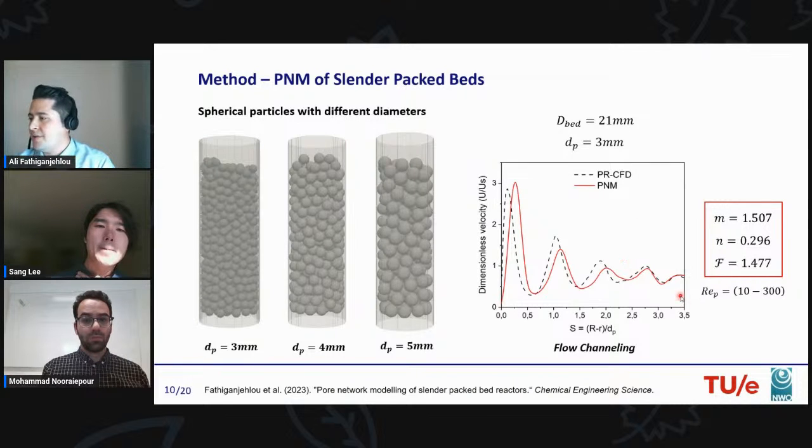By comparing the local flow fields from PNM to the ones from CFD, we saw that PNM is able to capture effects such as flow channeling in good comparison with CFD. So in the rest of our studies, we use these values for M, N, and F for the PNMs.